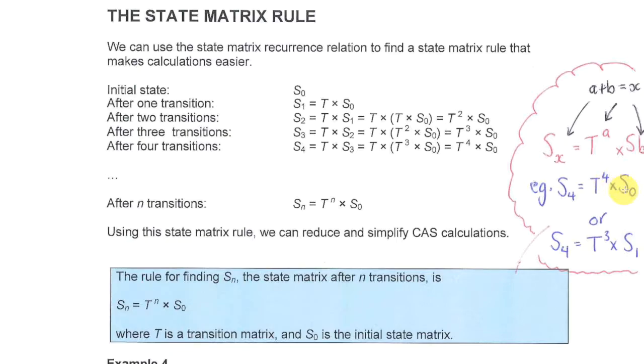So if we've been given S0, then we need to put T to the power of 4, so we get that S4. Same example, if we're after the fourth state and we've been given S1, then we need to use the transition matrix raised to the power 3. So you can see that the 3 and the 1 give us 4, the 4 and the 0 give us 4 as well. And you'll see that more clearly with a couple of these examples that follow.